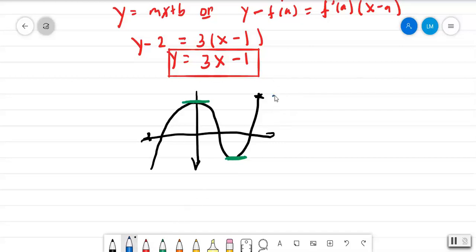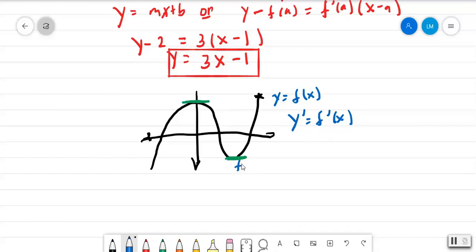For instance, we know that this is y equals f of x. We know that y prime equals f prime of x is how to find the slopes of the tangents. So we know that the slope would be positive here, negative here, but at this point, the slope is just constant, so it's 0.